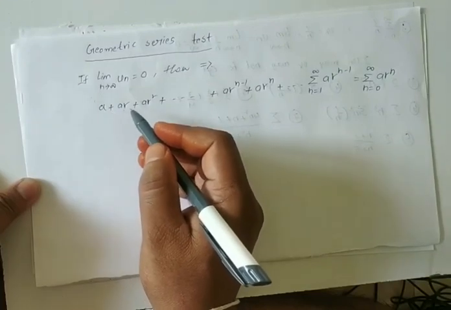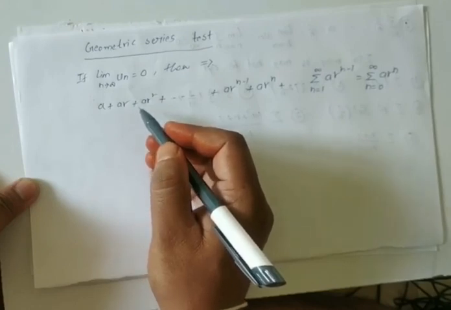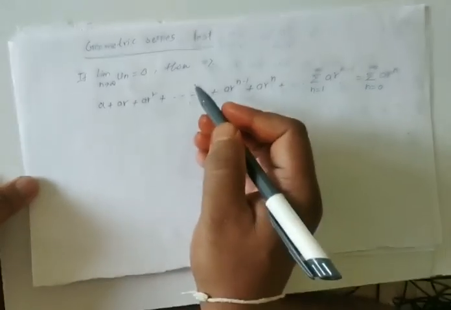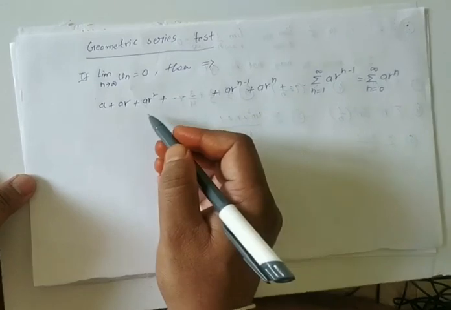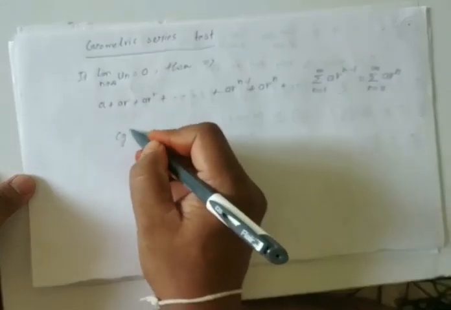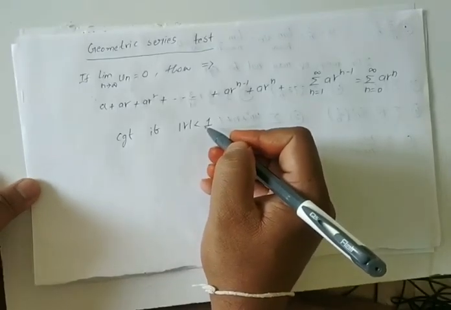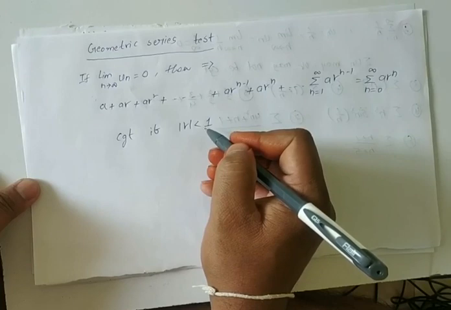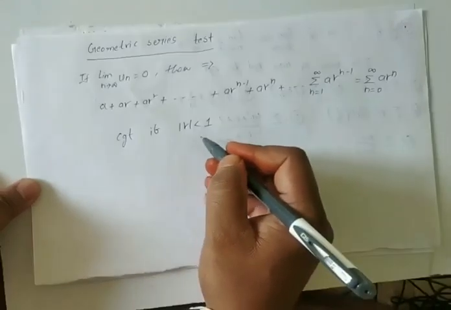Suppose the given series is in geometric form. Then the series is said to be convergent if mod r less than 1.